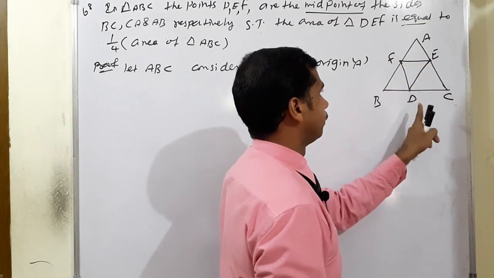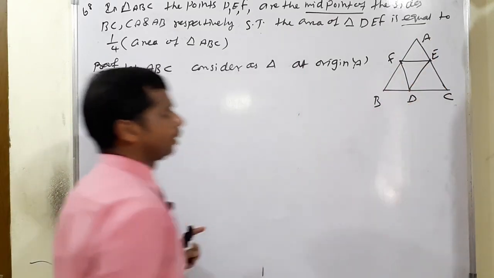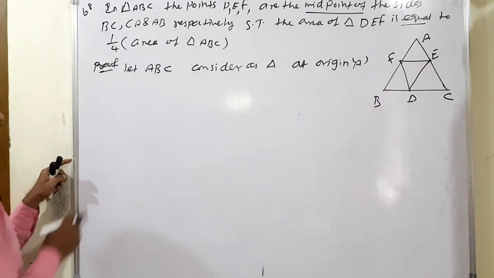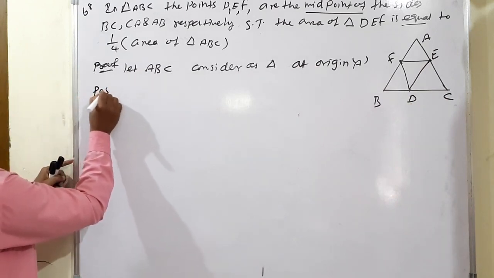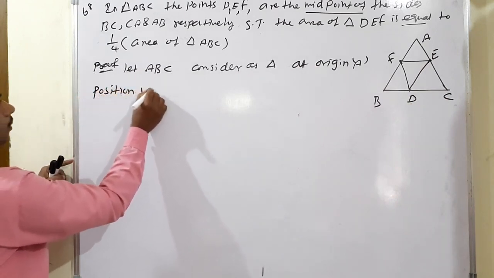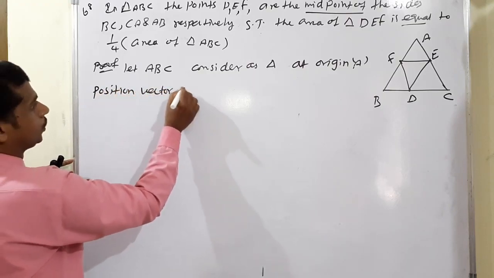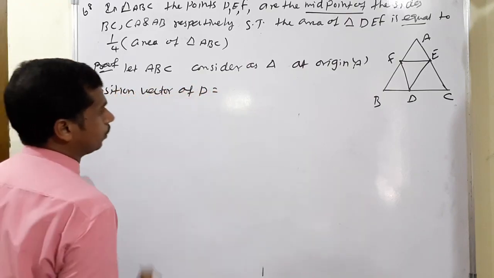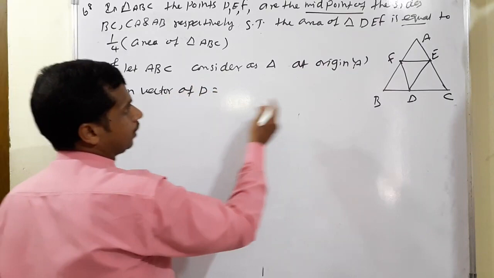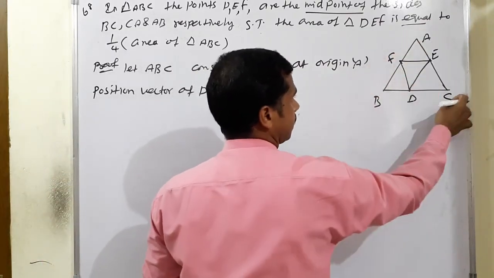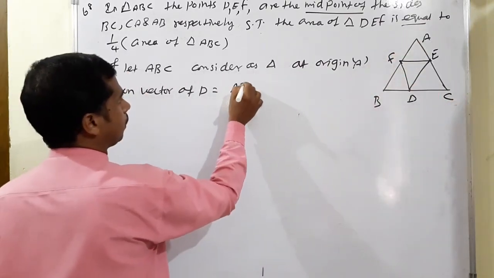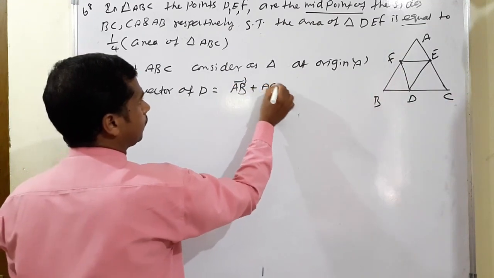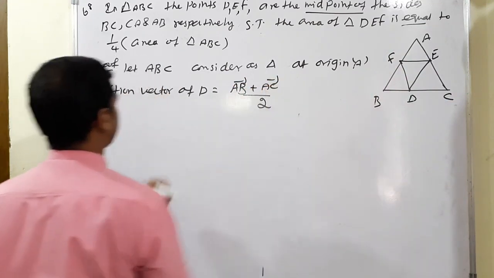Position vector of D means, what is the meaning? Position vector of D is equal to AB vector plus AC vector divided by 2.